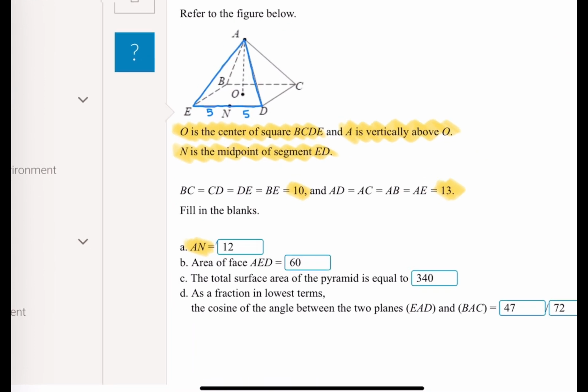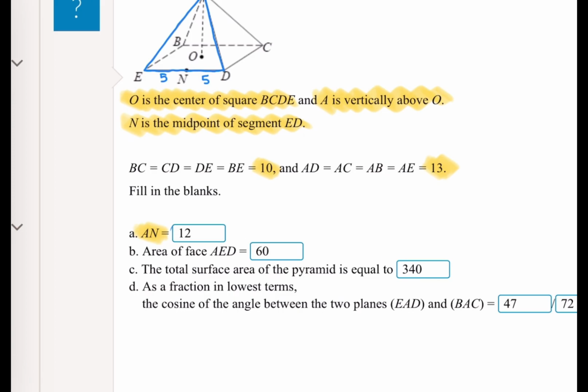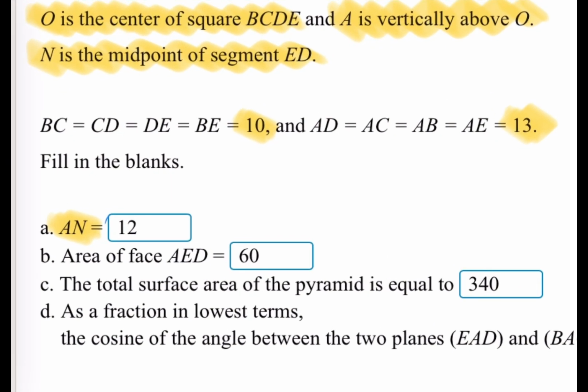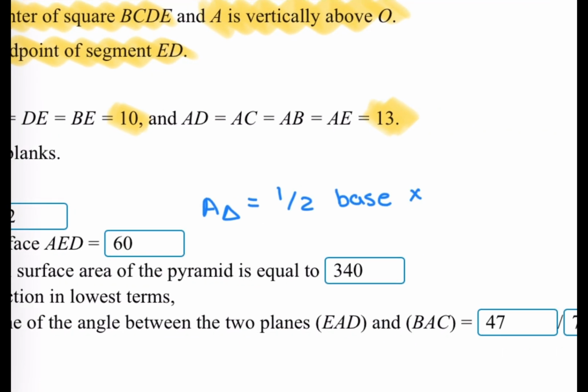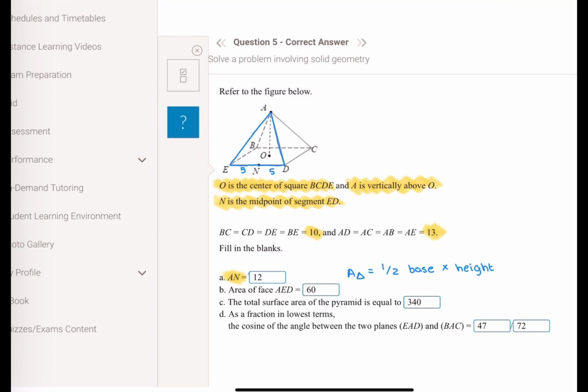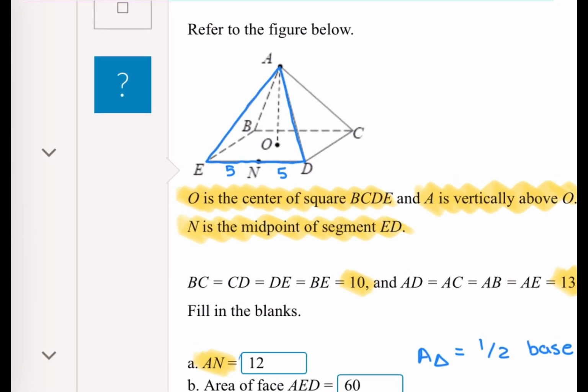So we know that in a triangle, the formula to find the area, so the area of a triangle is equal to 1/2 of the base times the height. Alright, so now we're just going to replace in this. So we know that the base is DE.